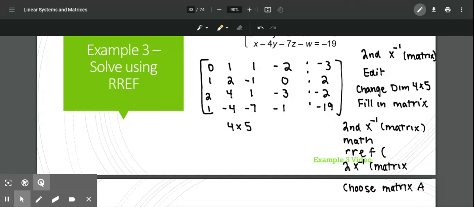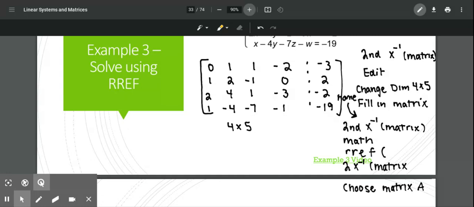One thing I think I forgot to mention is after you fill in your matrix here and before you go into your second matrix again, go back to your home screen, because you don't want to be doing the RREF or the reduced row echelon form in your matrix. You want to be doing this on your home screen.